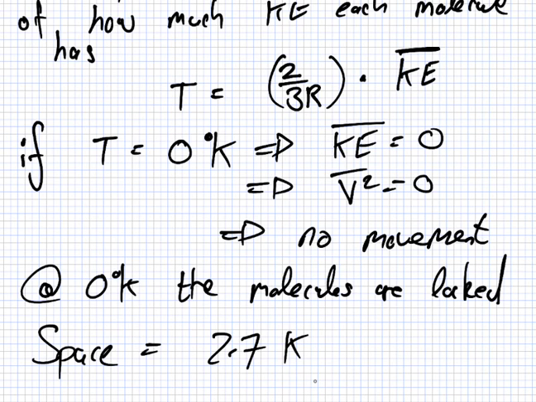If you want something at zero, you're going to need to build a special room that's completely cut off from everything else. Very difficult task to do. Because even here, 2.7 Kelvin for space.